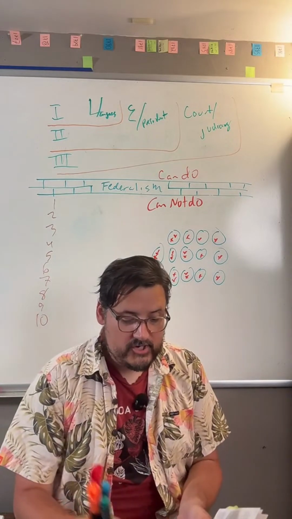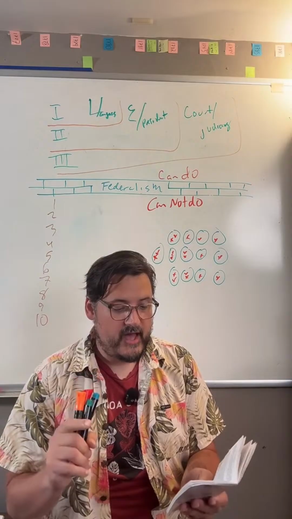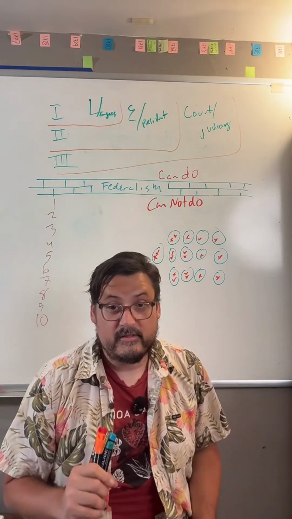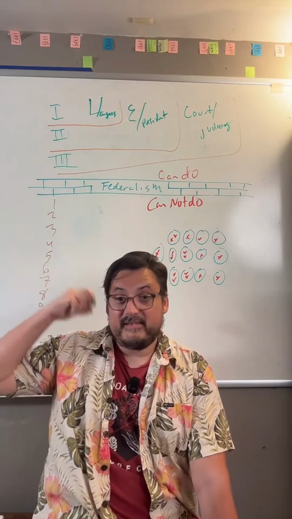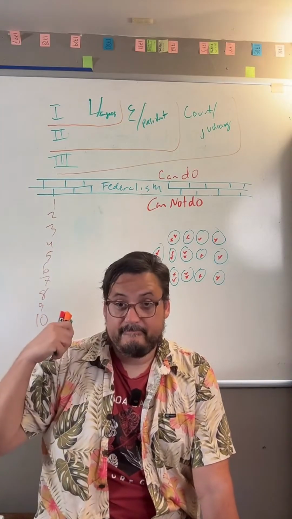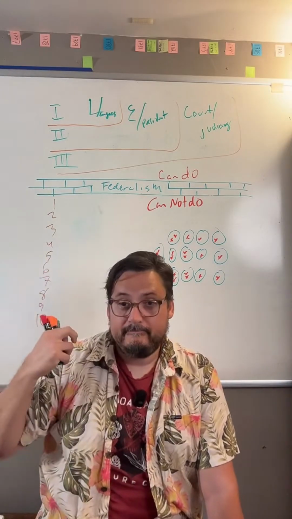So the enumeration of certain rights shall not be construed to deny or disparage others that are retained by the people. In other words, this list is not the end of the list. There are more here that are not written down.